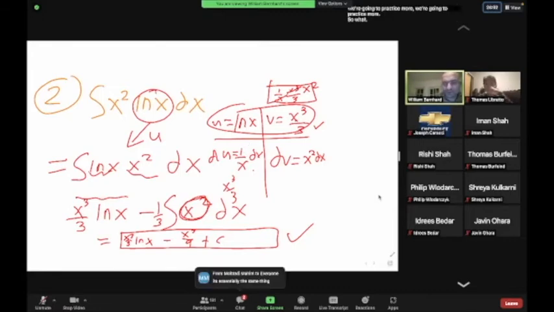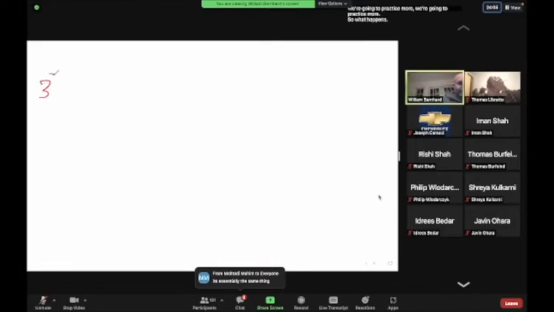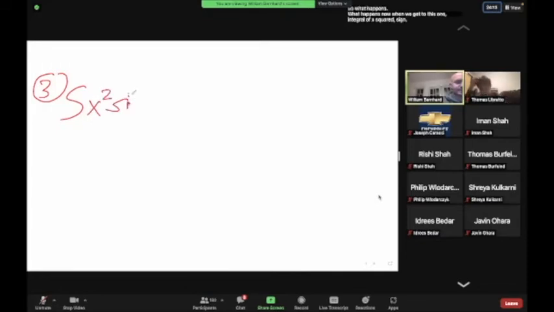So what happens now when we get to this one? The integral of x squared sine 2x dx. All right, this is going to keep us busy.